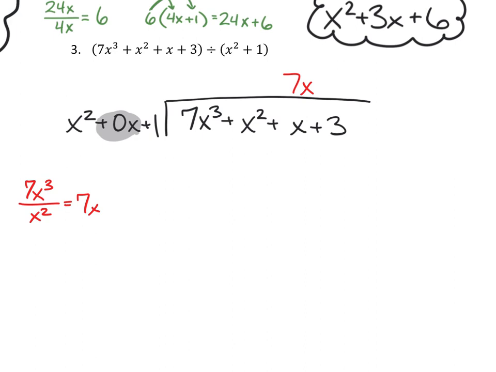Distribute, so multiplying. So I'm going to distribute 7x times the entire dividend, including the 0 part. Don't forget my 0 part. Which means this is a triple distribution. 7x cubed, oh, let me write it, not there. 7x cubed plus still 0x squared plus 7x.